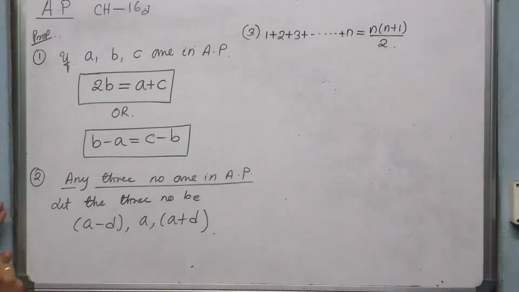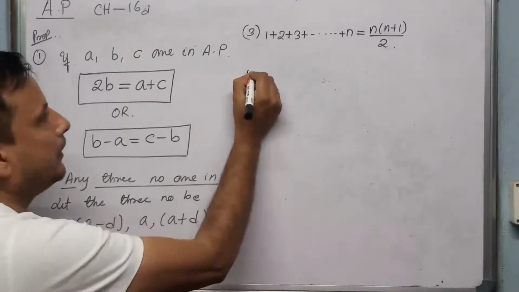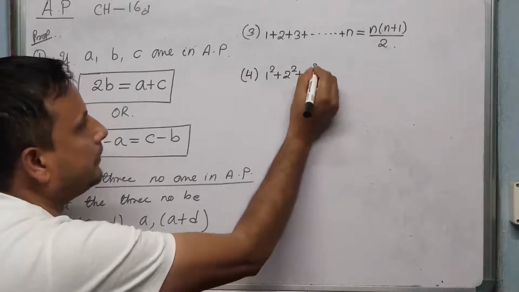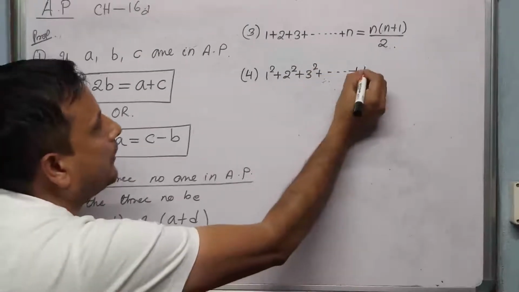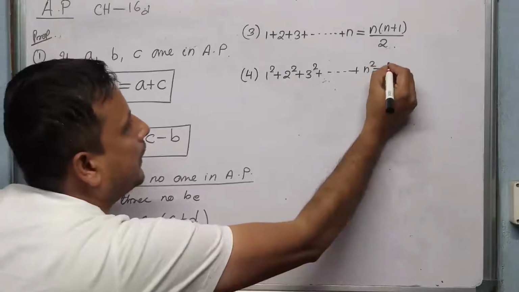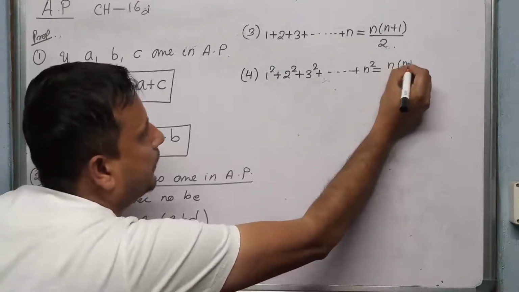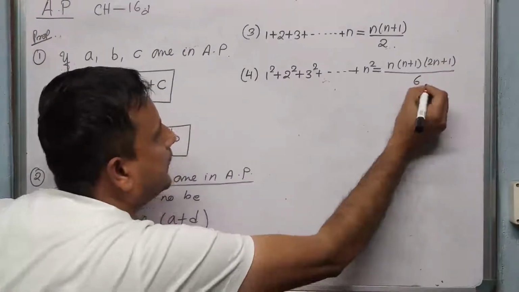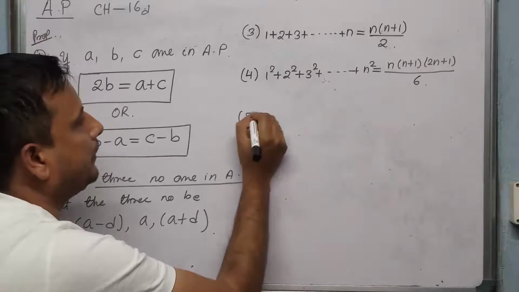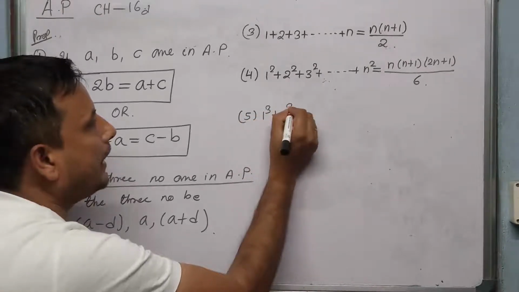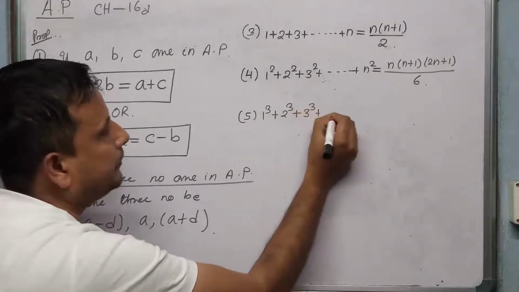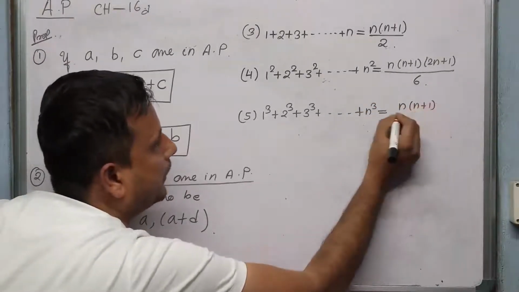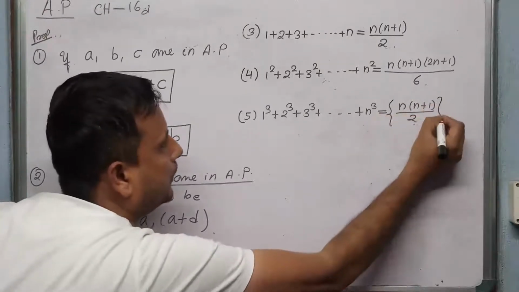Now the fourth one is the sum of the squares of the first n natural numbers: n into n plus 1 into 2n plus 1 divided by 6. Number 5, the sum of the cubes of the first n natural numbers: n into n plus 1 by 2, whole square.